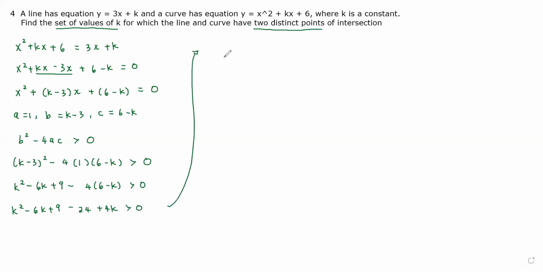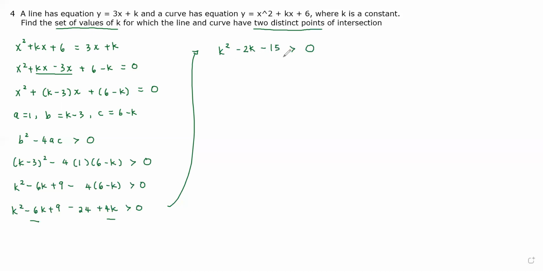We collect like terms: k squared, negative 6k plus 4k, that is negative 2k, and then 9 minus 24, we have minus 15.